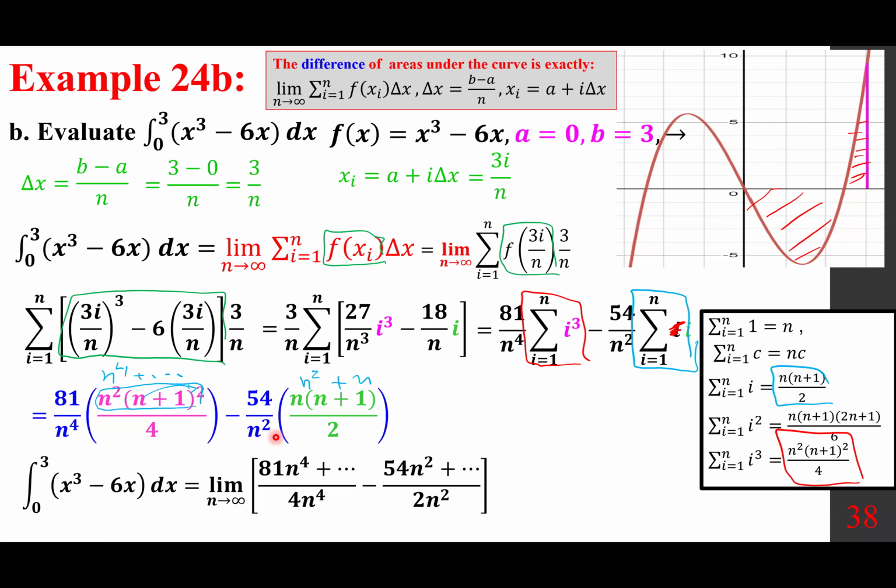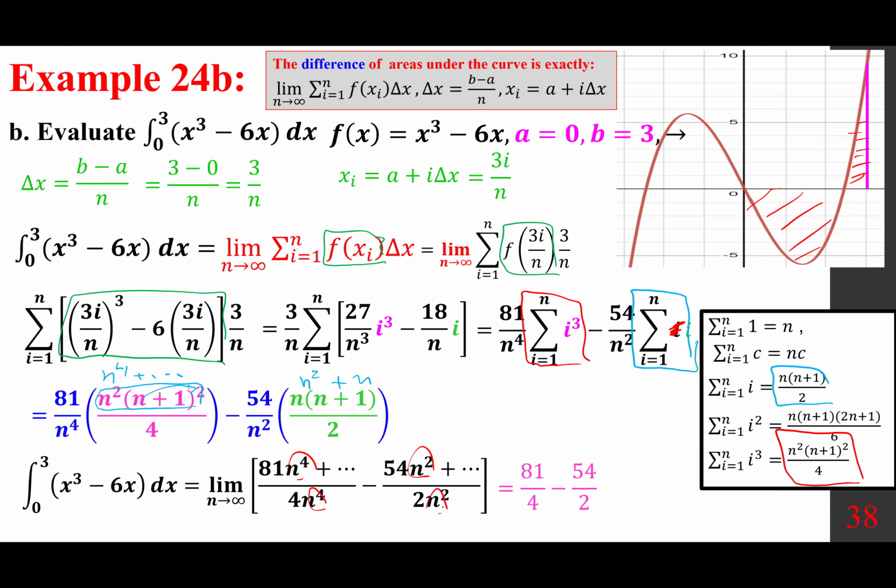Now, this one, everybody, same degree. So it's 81 over 4. Same degree, 54 over 2.